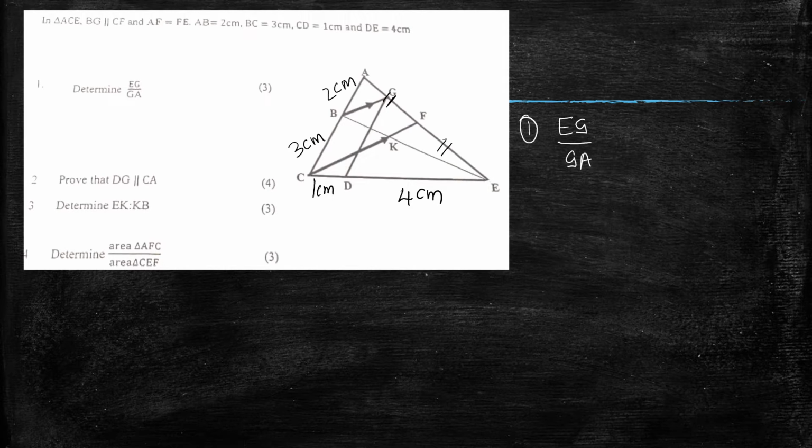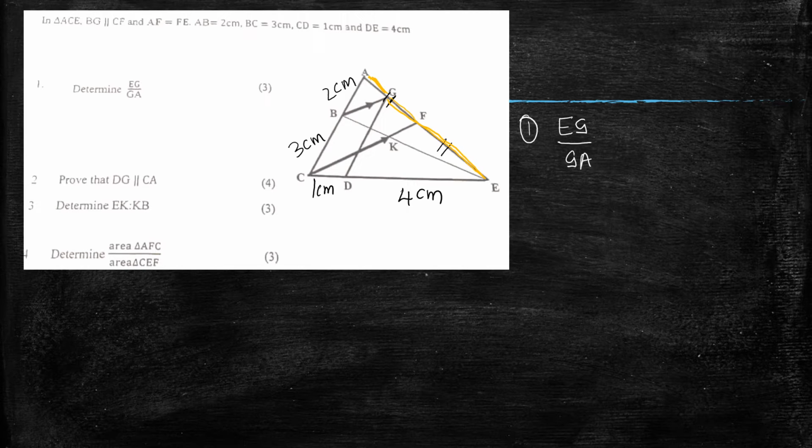Okay, so let's go and check where is our EG, because we want to get the ratio of EG and GA. Can you see EG is this one here? Okay, this is EG. Okay, fantastic. And we have over GA. Okay, GA is on the same side as that one. Okay, can you see?